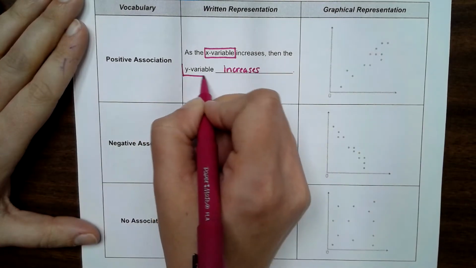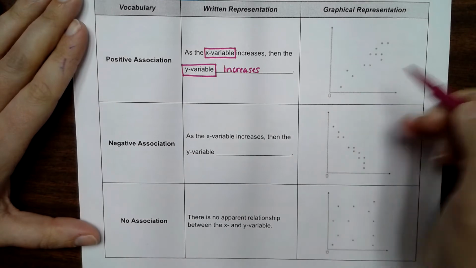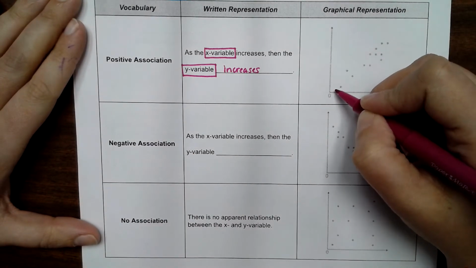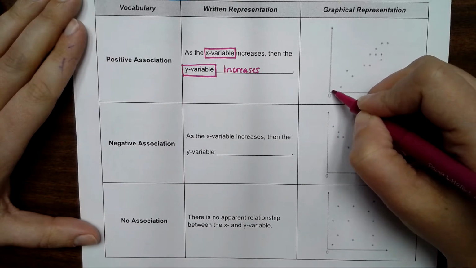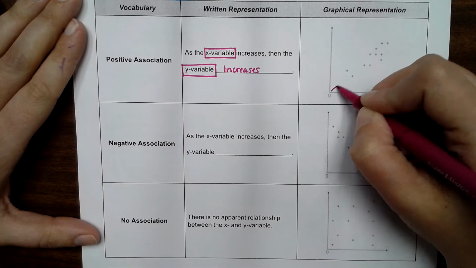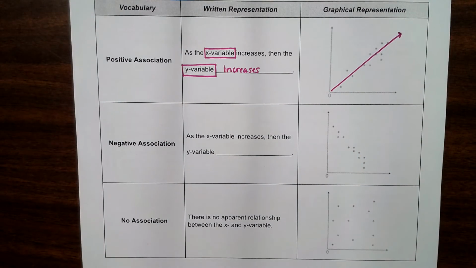So the y variable would be whatever the y stands for in this problem. If you look at this graph, we can tell that this has a positive association because if you imagine following this pattern, the graph is going uphill as you go from left to right. So the graph is going uphill like this as a general pattern.